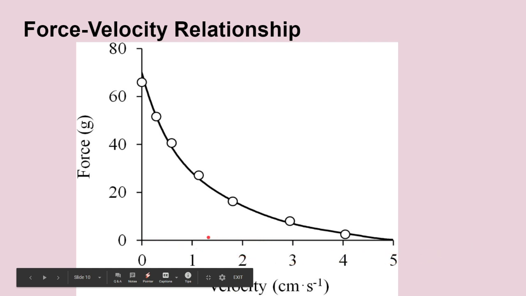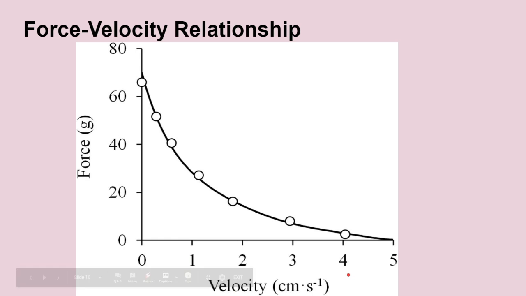In short, we can say that the force and the velocity of shortening of the muscle are inversely proportional to each other. When the load is 0, the muscle contracts rapidly and the velocity of muscle shortening is maximum, the Vmax, because there is no load and the muscle contracts very fast.